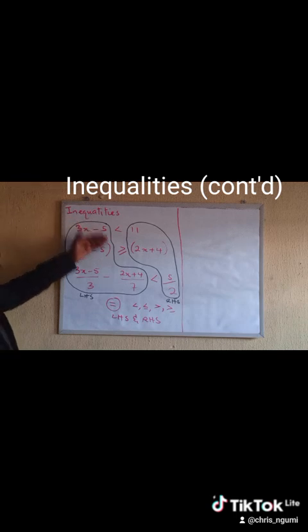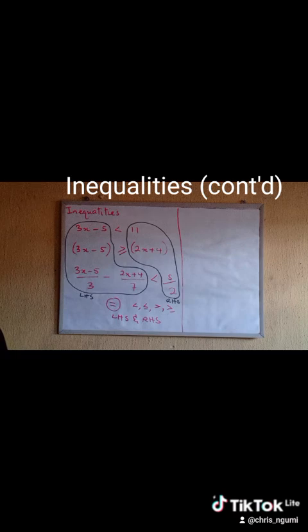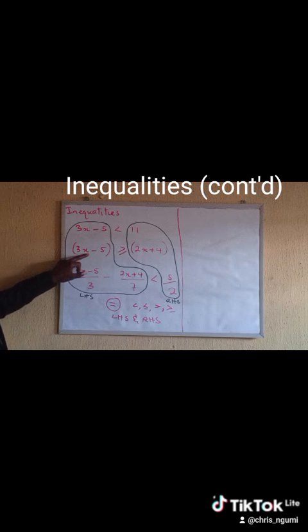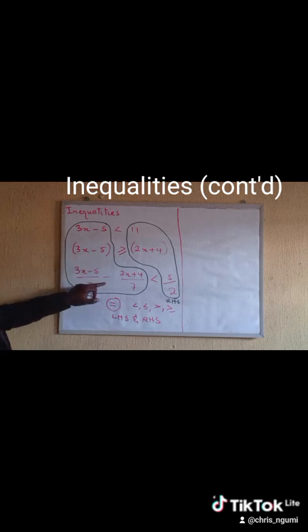If you observe all of them, they have the unknown x, which is in one variable. If you look at this simple one, the unknown here is x. If you look at this inequality with brackets, the unknown here is x. If you look at this inequality, the unknown here is x.